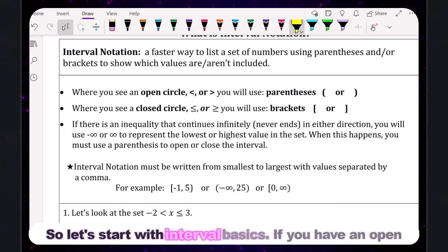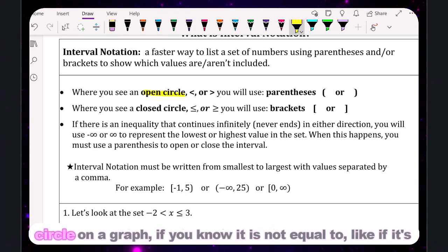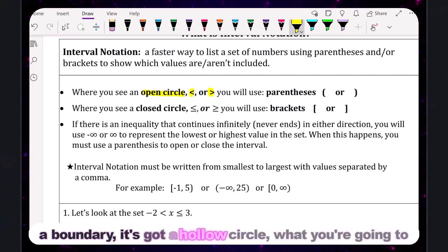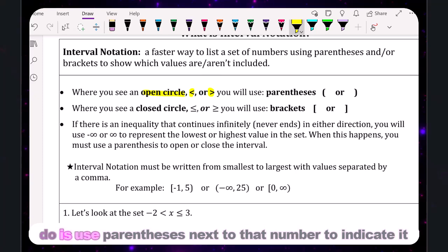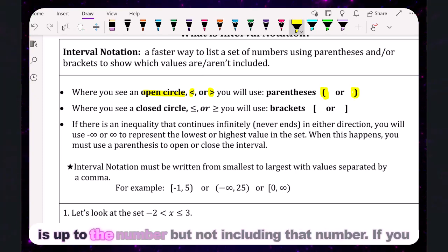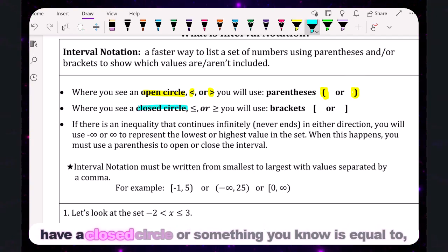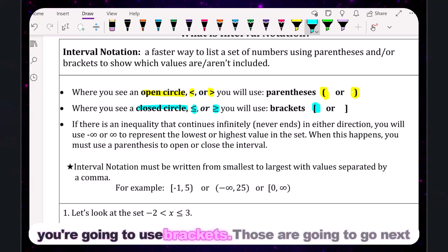So let's start with interval basics. If you have an open circle on a graph, if you know it is not equal to, like if it's a boundary, it's got a hollow circle, what you're going to do is use parentheses next to that number to indicate it is up to the number but not including that number. If you have a closed circle or something you know is equal to, you're going to use brackets.